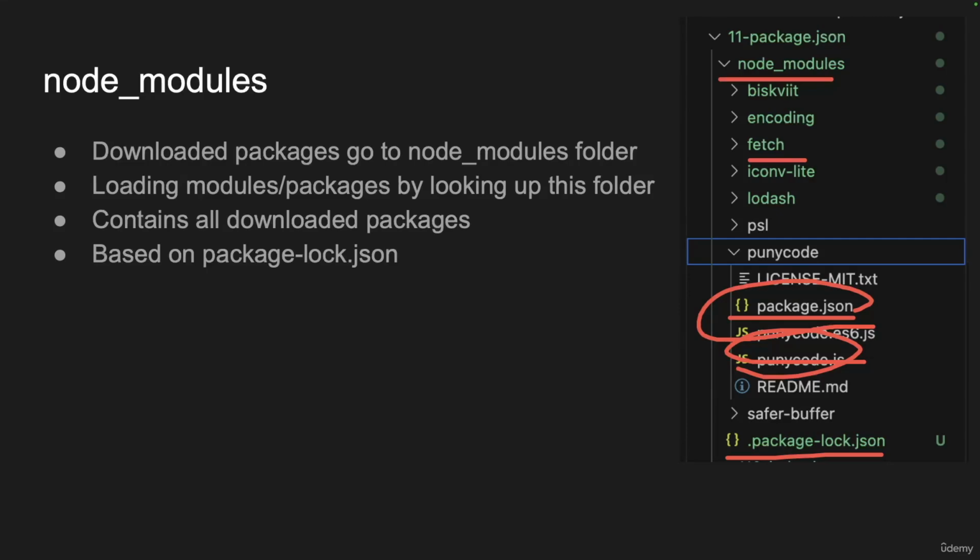Which means this could be reproducible, because first of all, this is a massive folder, and it's really a bad idea to push it to Git, and it's completely useless. Why? Because this can be generated identically on every single machine using the package-lock.json.